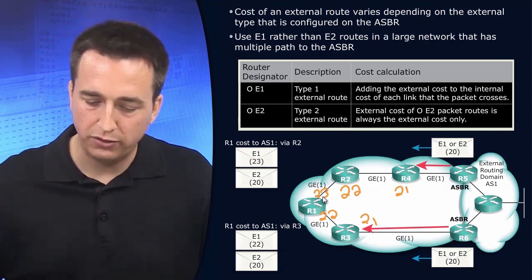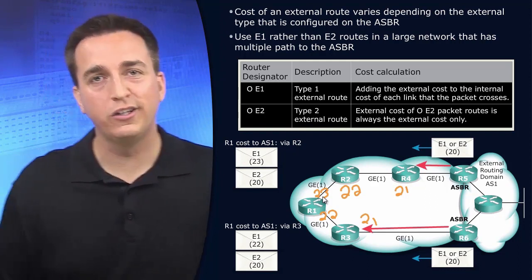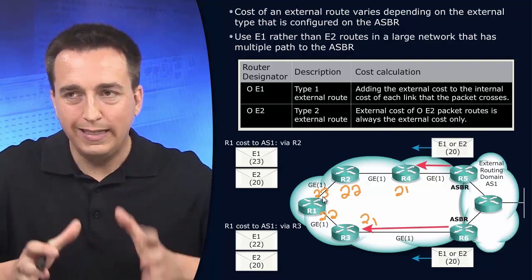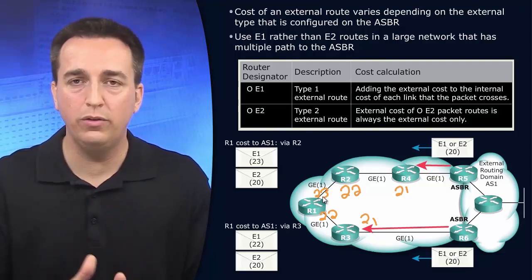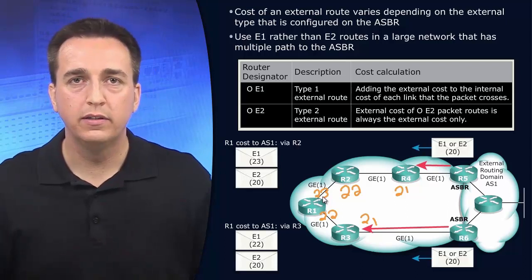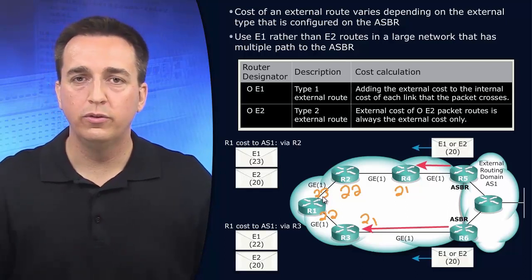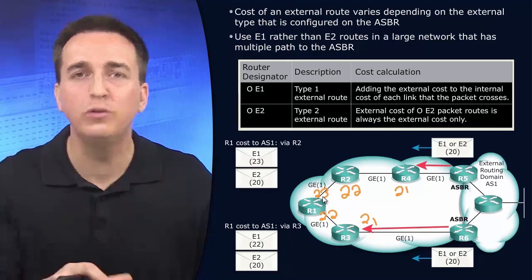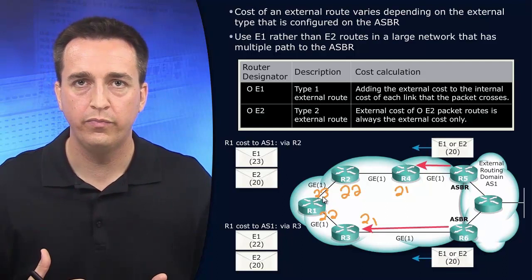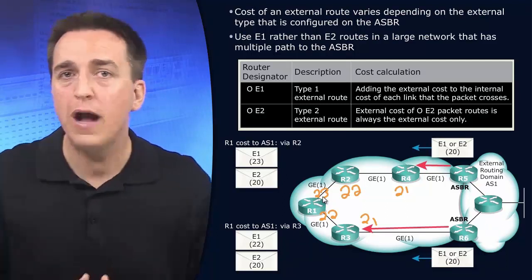So you can manipulate the metrics at the entry point as well and control the overall cost. So it's really giving you, E1 and E2, the ability to define how your routers are going to choose their path to get to those external routing domains. So you have the flexibility, you have the control.